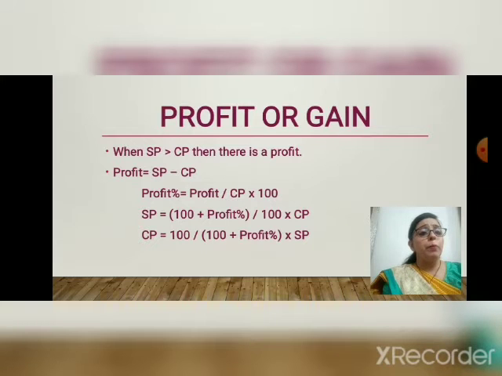And when the profit percentage and cost price are given, we have to find the selling price. We do it like this: SP is equal to 100 plus profit percent upon 100 into CP. When the profit percent and selling price are given, we have to find the cost price. The next formula, CP is equal to 100 upon 100 plus profit percent into SP.